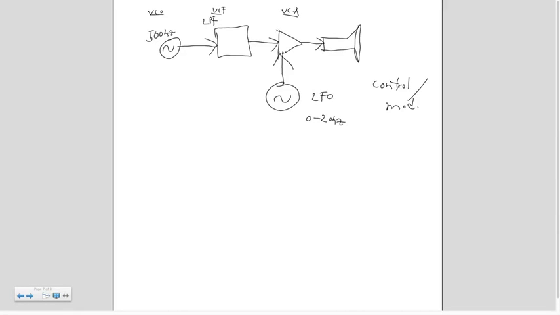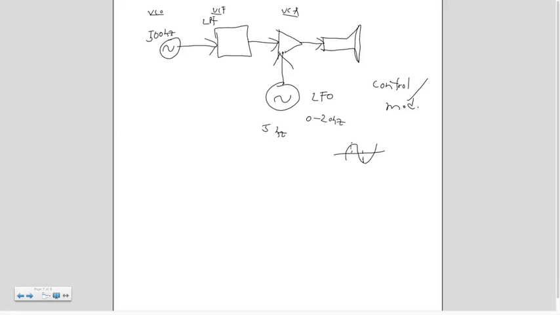But I can set my sine wave oscillator, let's say, on 5 hertz. So it's going to be moving up and down in a sine wave oscillation 5 times per second. It'll be increasing in amplitude and decreasing in amplitude 5 times per second.